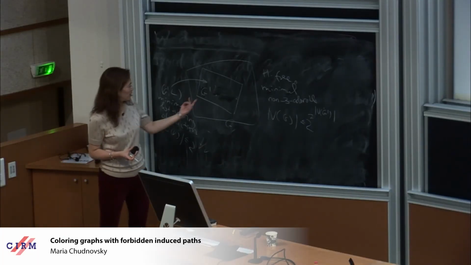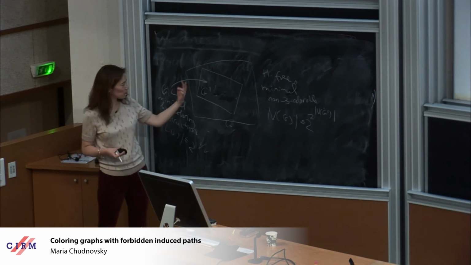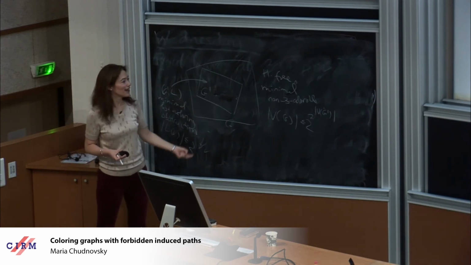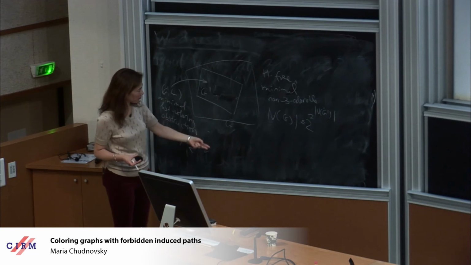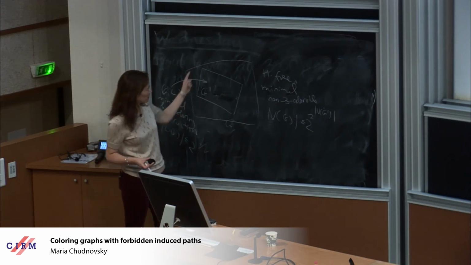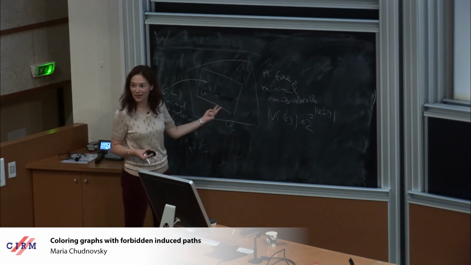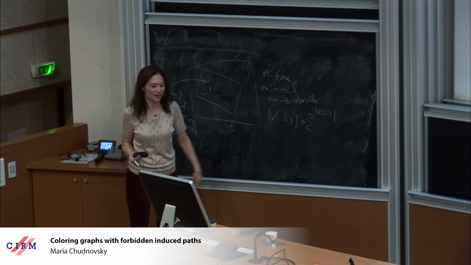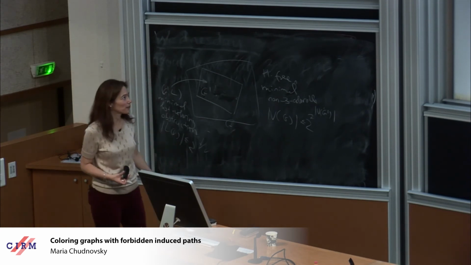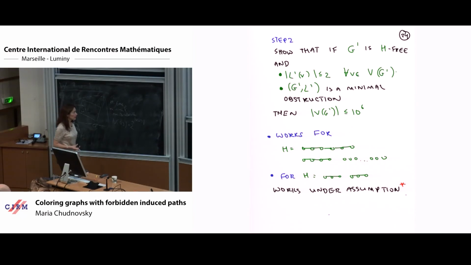Because you prove that a minimal least abstraction with lists of size at most 2 has bounded size, and you already know that your whole graph was not much bigger. So that's what you wanted. You prove that your whole graph has bounded size. And this is good. This works for the case when what you excluded is P6, and it works for the case when what you excluded is this graph.